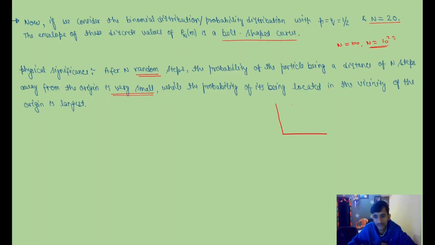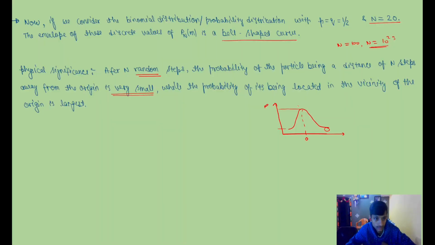The graph is like this, and here it is the origin. Any steps away from this origin, the probability, this is the probability curve, is very small, while the probability of finding this particle in the middle is very high.